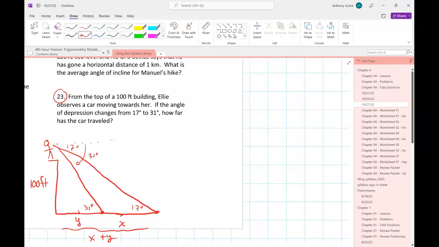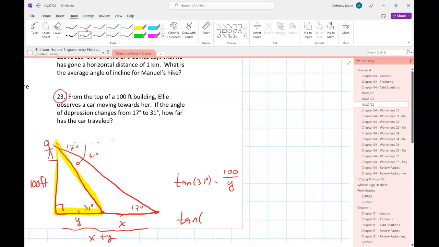All right. So again, we can assume that this is a right angle here. So for this right triangle, I can say that tangent of 31 is equal to 100 over y. I can solve that directly, right?